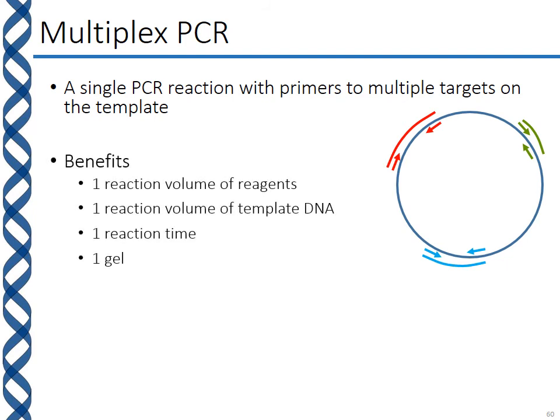And because you are doing this in a single tube, you only have one reaction volume of reagents, so you don't need to run one tube for the red reaction, one for the green, and one for the blue. You're only adding one reaction volume worth of template DNA. That can be particularly important when your DNA is very precious.